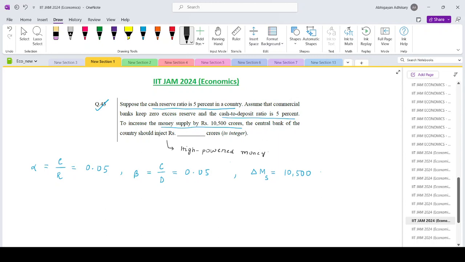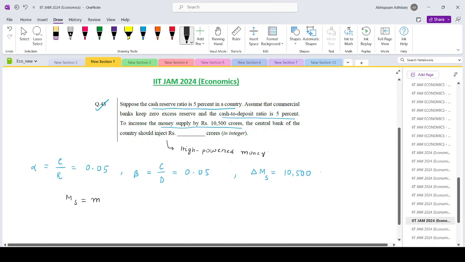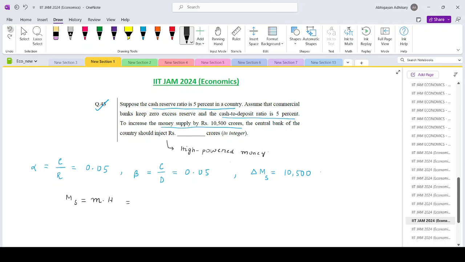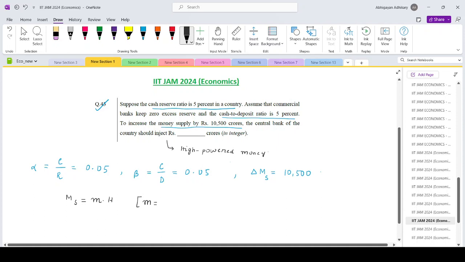If you all recall, the total money supply in the economy is given by the money multiplier times the high powered money, where I'll just write this down: M is the money multiplier and H is the high powered money.